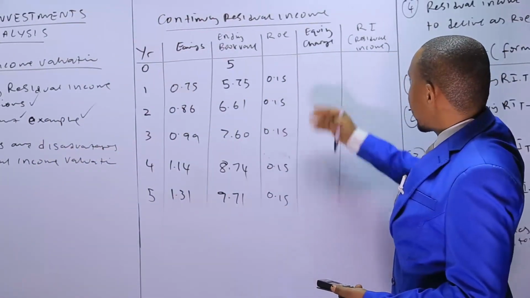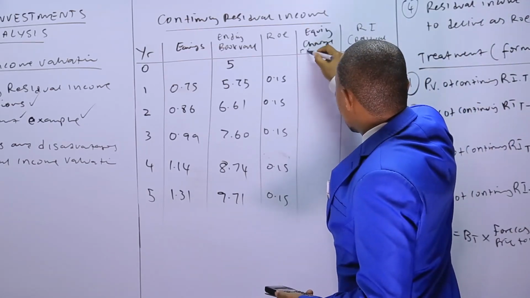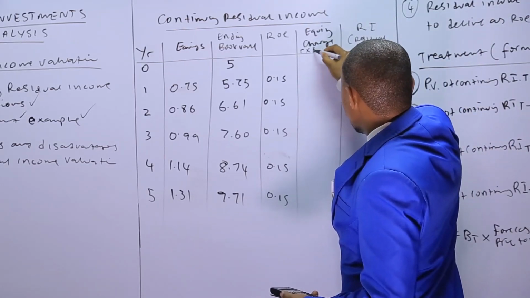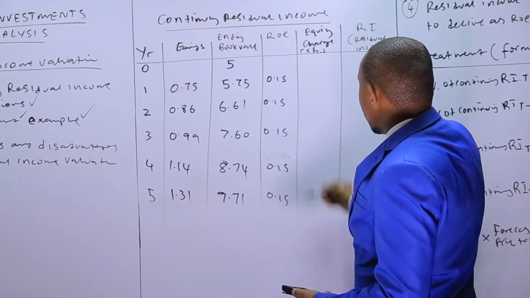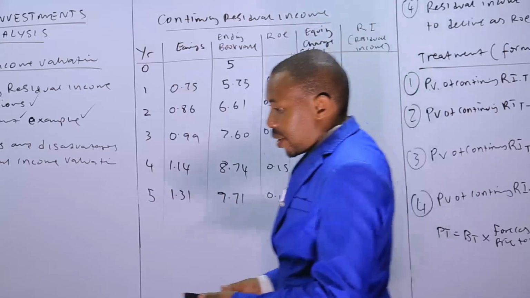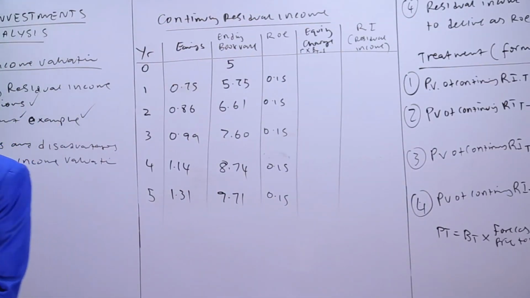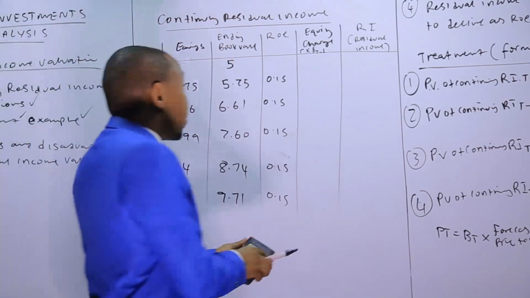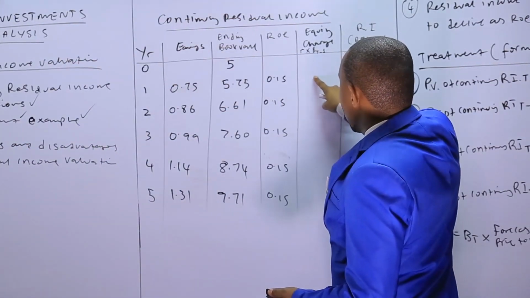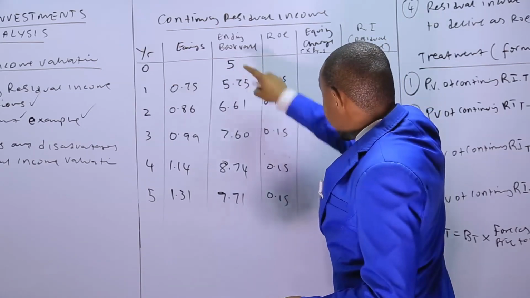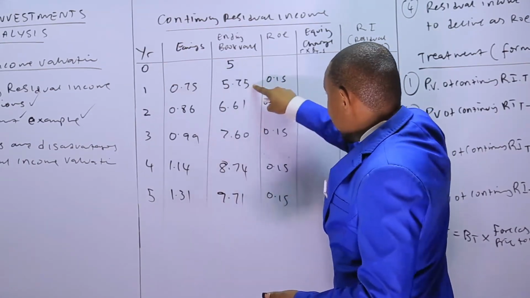Now we move on to get the equity charge. The equity charge is just the required return multiplied by the beginning book value, B(t-1). We've already looked at that concept. The required return as provided in the question is 10%. So 10% times the beginning book value.